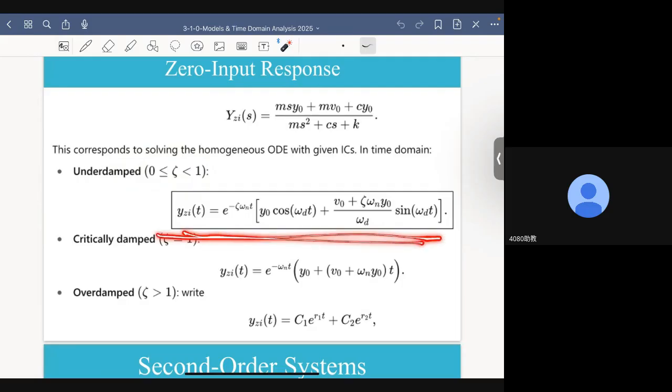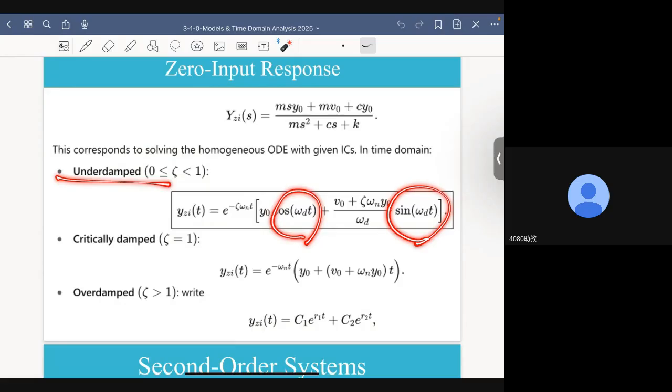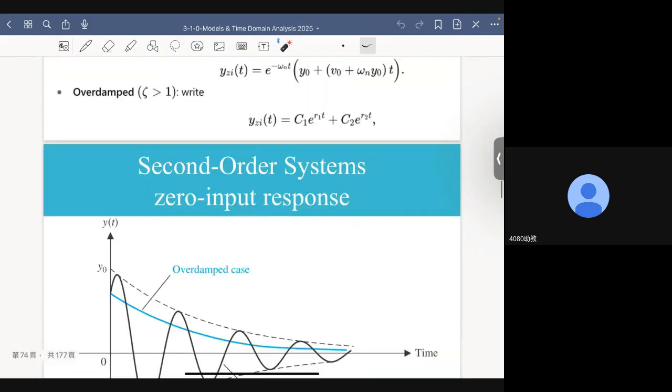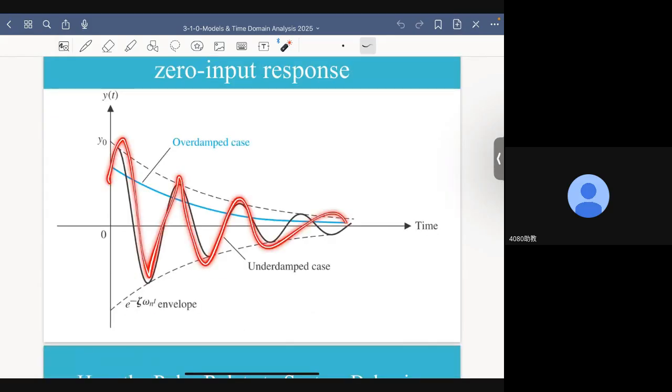As you can see, one of the fundamental differences between this and this is that we have sinusoidal terms for the underdamped case, which means the zero input response for an underdamped spring mass damper system will have oscillations.